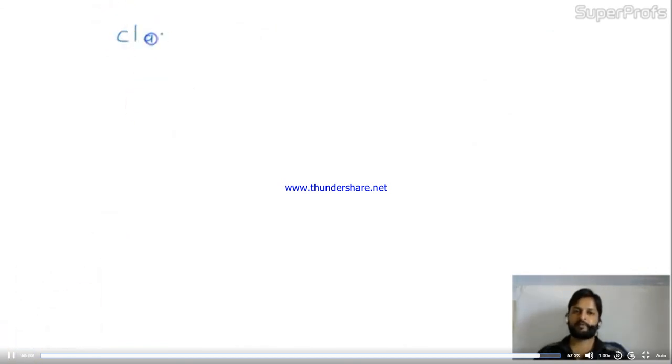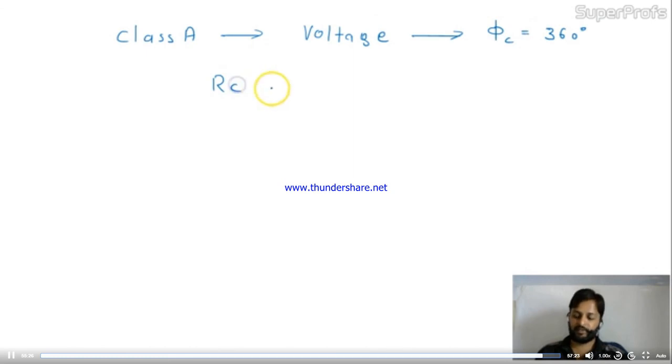So if I talk about the class A amplifier again, the class A amplifier was the voltage amplifier, right? And the conduction angle was 360 degree. Now it has 3 types: RC coupled, direct coupled, and transformer coupled.